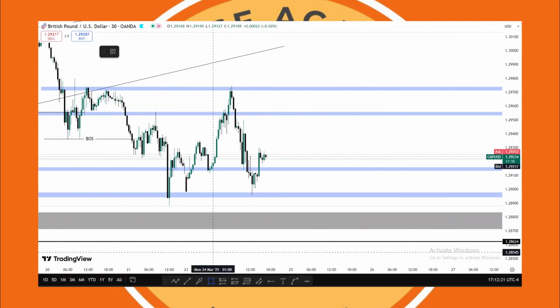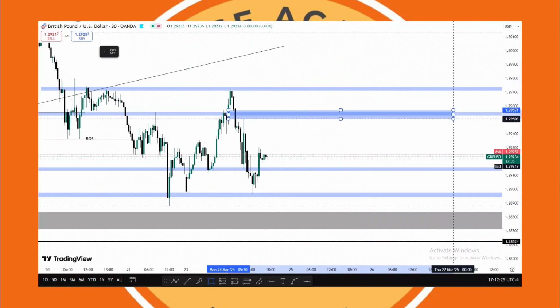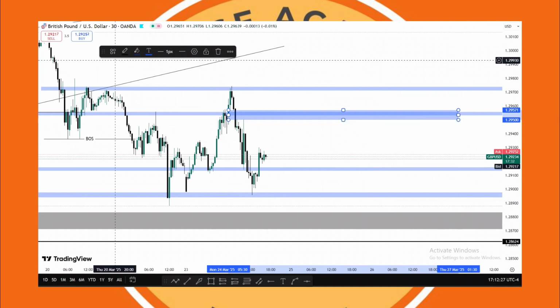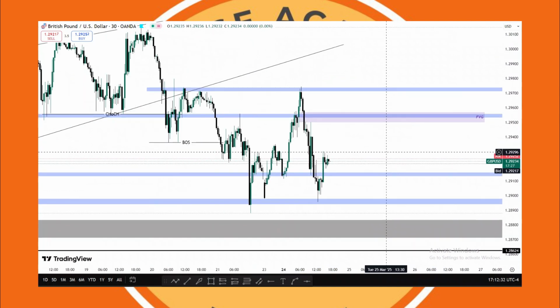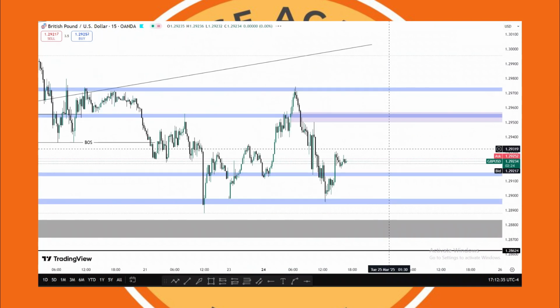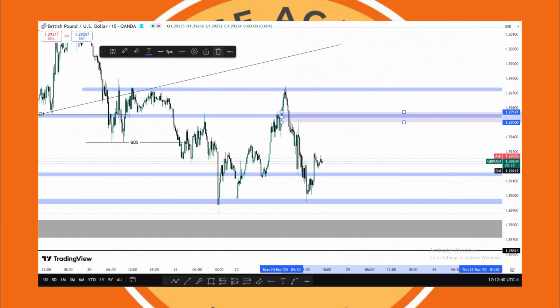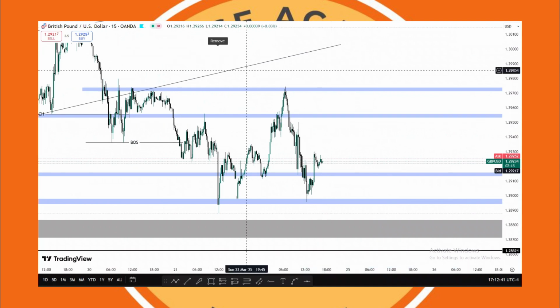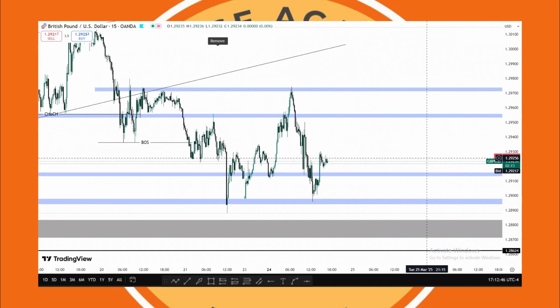There aren't any fair value gaps. There's only one here. FVG. Let's see if it's there on the 15 minutes. If it's not there, I'm not going to use it. Where am I going to get an entry here?